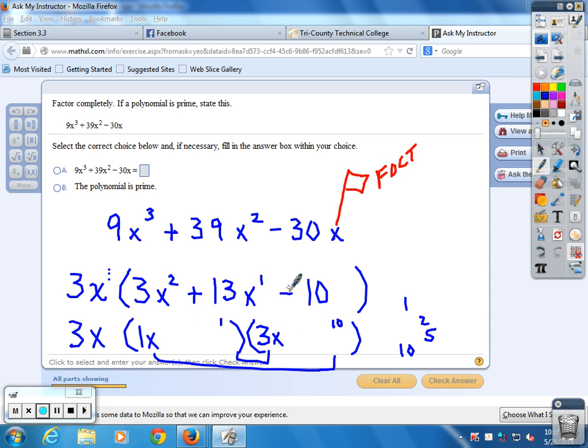So 10 minus 3 will not give you 13. So flip it around, that won't work. Why? If you flip the 10 and the 1 around, why will that not work? Be too big because 3 times 10 is 30. So that'd be too big. So 10 and 1 is out. I'll take my handy dandy eraser and I erase the 10 and the 1.